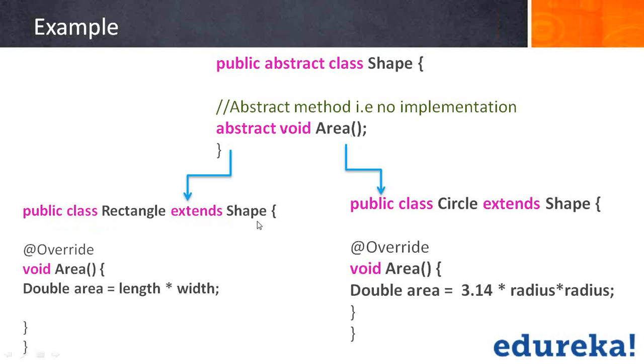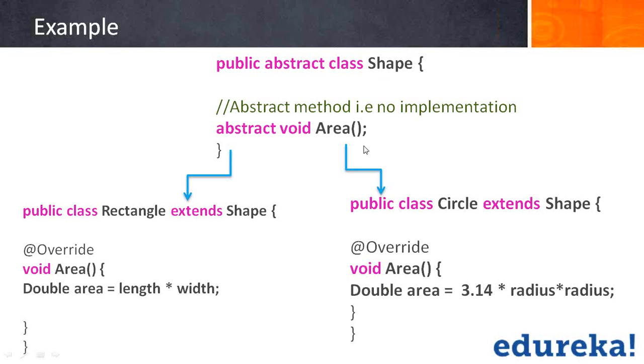Public class Rectangle extends Shape, public class Circle extends Shape. Now we have got two classes, both of them extending the class Shape. Now you are overriding the method right here, that is @Override void area, double area equals length into width, and @Override area, double area 3.14 into radius. So what you saw right now is you have the abstract class Shape. In that you define a method area.